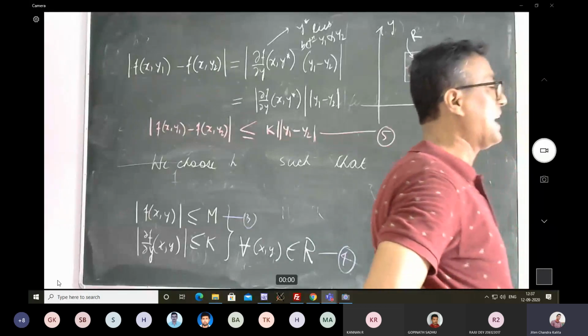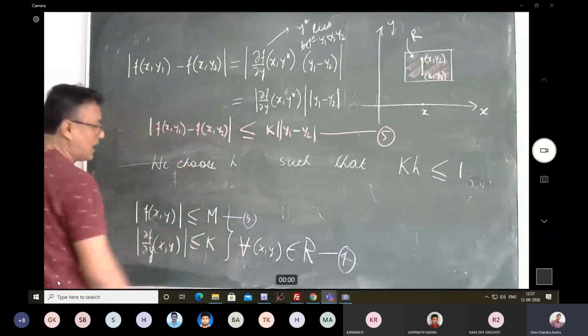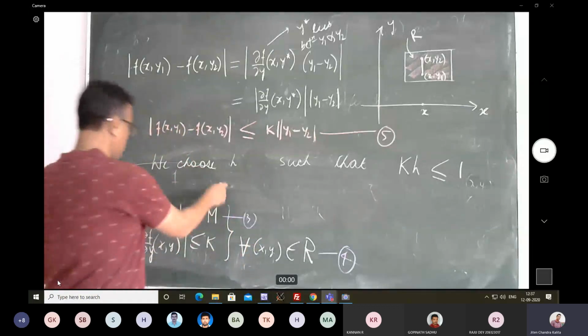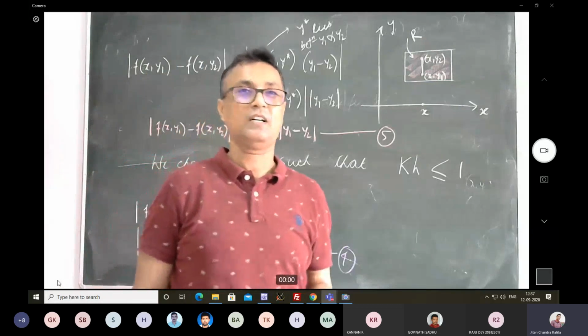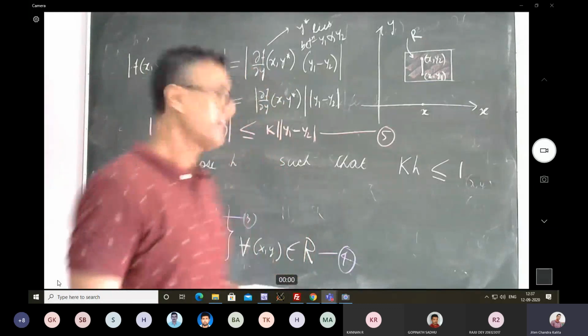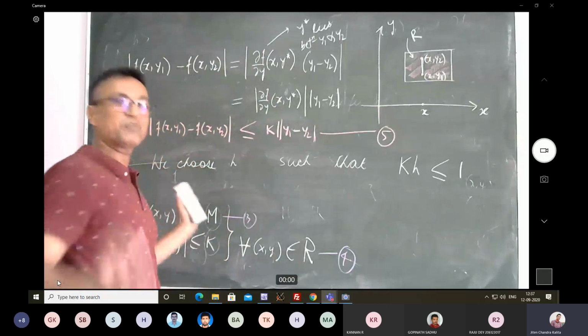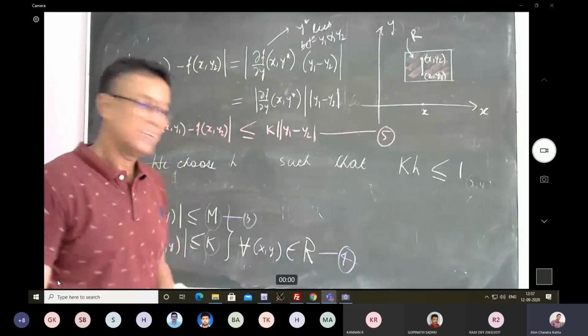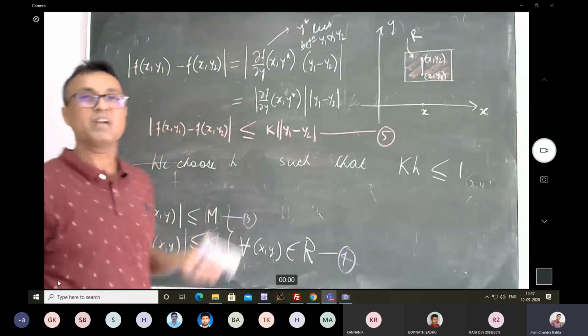Basically, whenever we are thinking about these two inequalities, they are giving bounds for those two functions, f and del f del y. And we assume that these are big numbers. Whatever big they are, K can be a big number, like maybe 100.